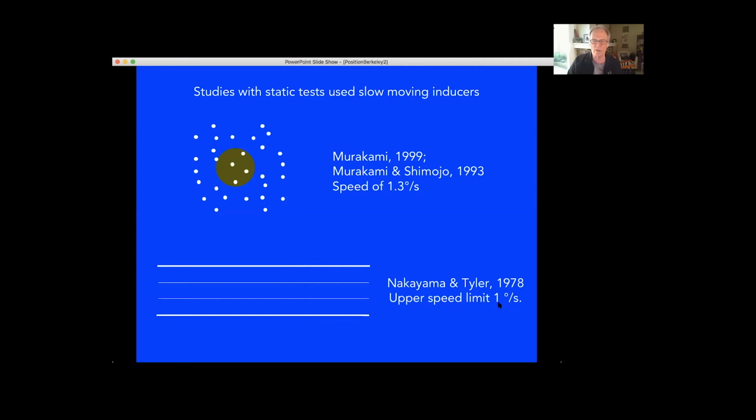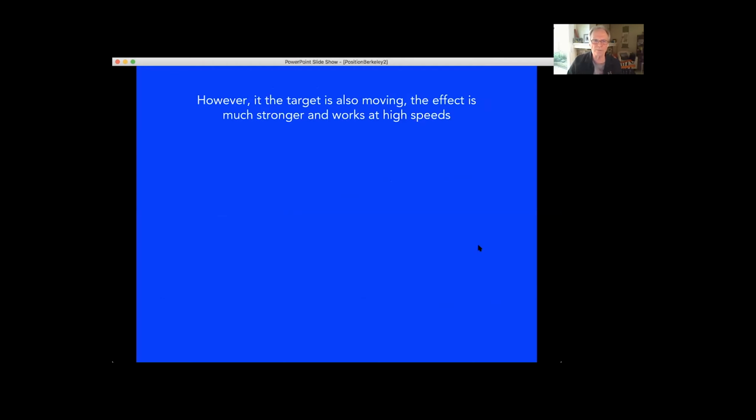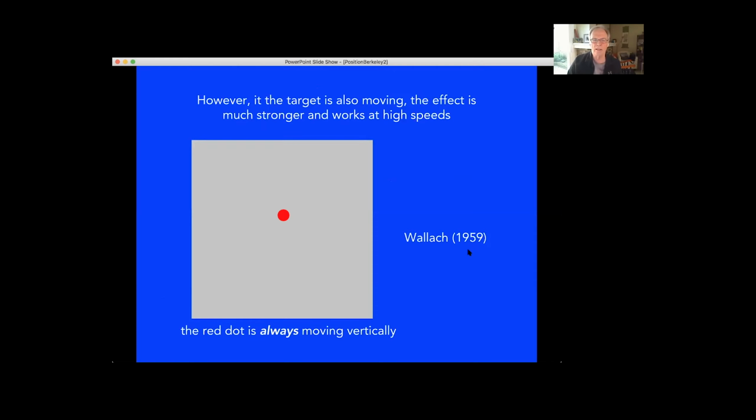Their maximum speed was 1 degree per second. We're going well beyond that now, as did Wallach in 1959, when he took Duncker's effect and made the target move instead. And now when the frame came on, it was an enormous effect. Now this red dot is always moving vertically.